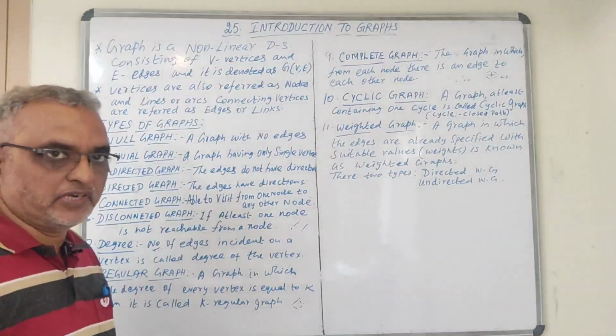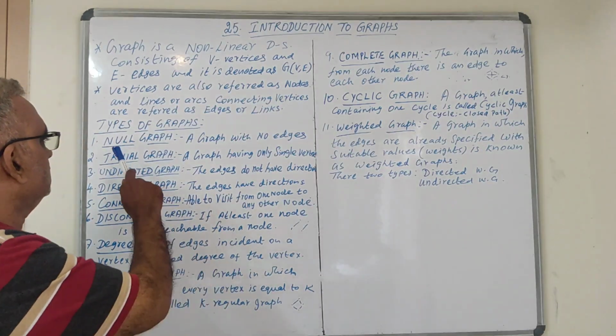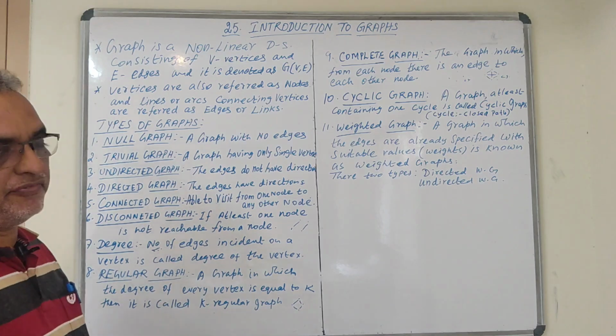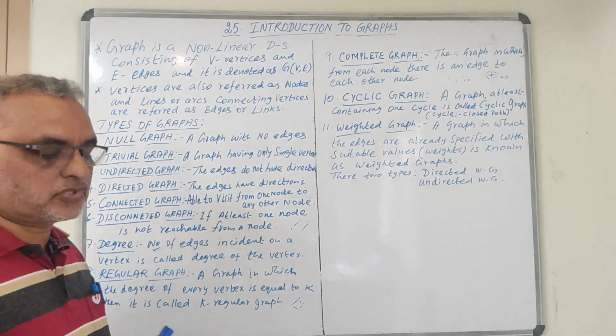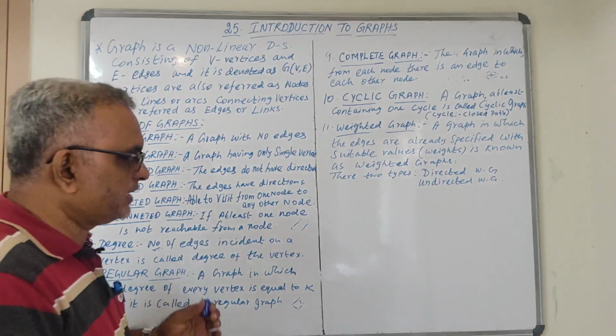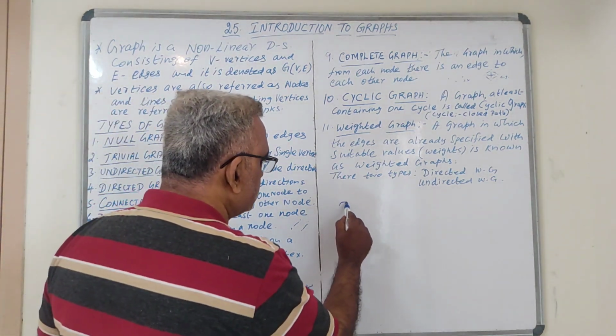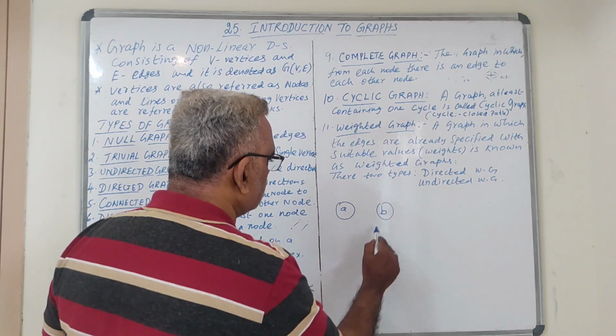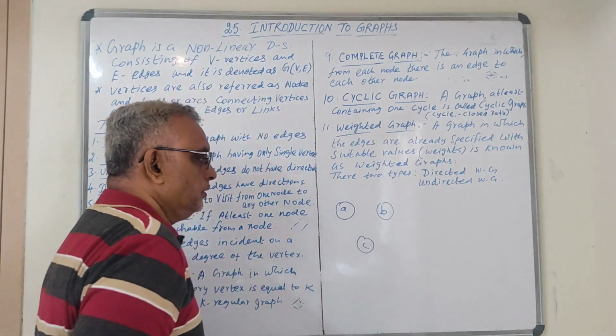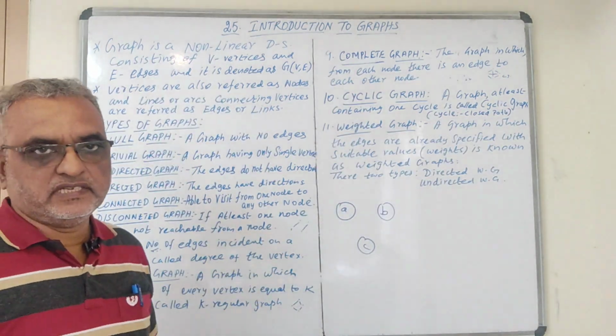Let us see different types of graphs. Number 1, null graph. A graph with no edges is called a null graph. For example, you have vertices: this is a vertex, this is another vertex, this is another vertex, but there are no edges.